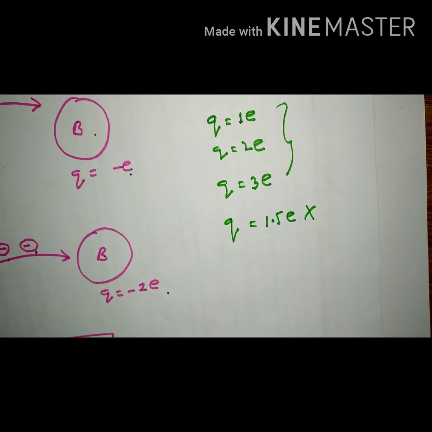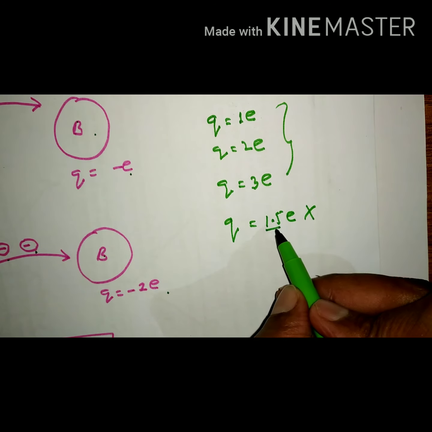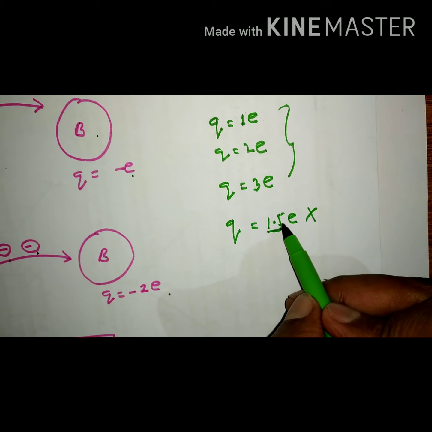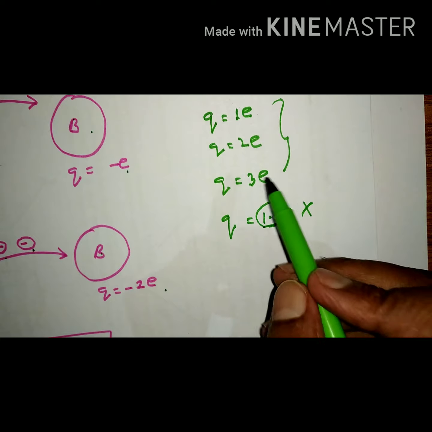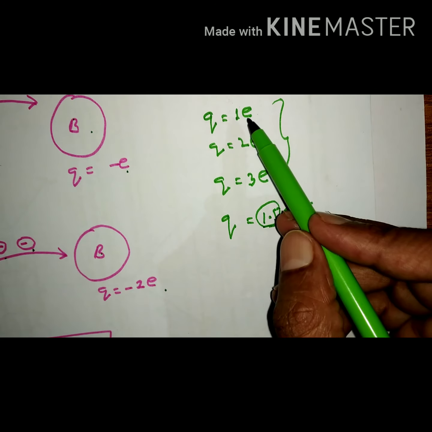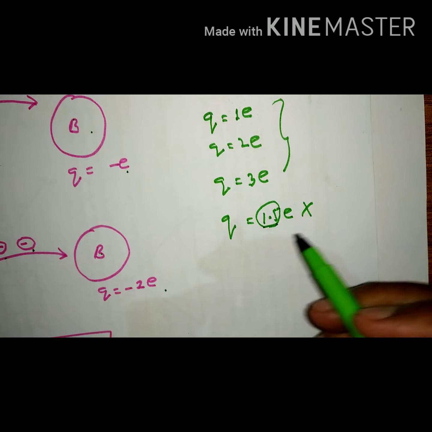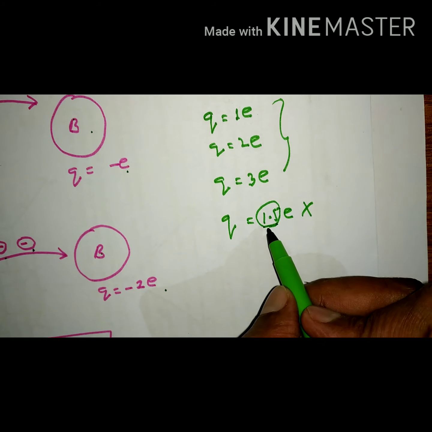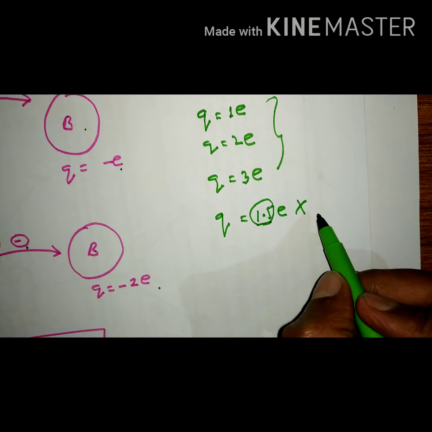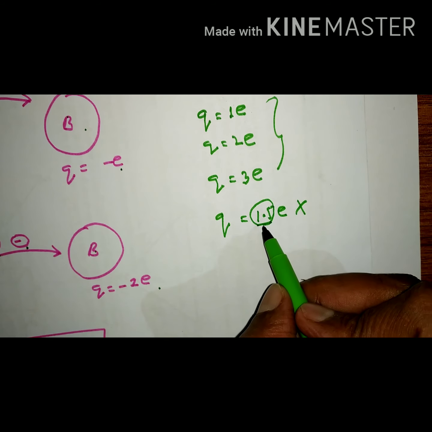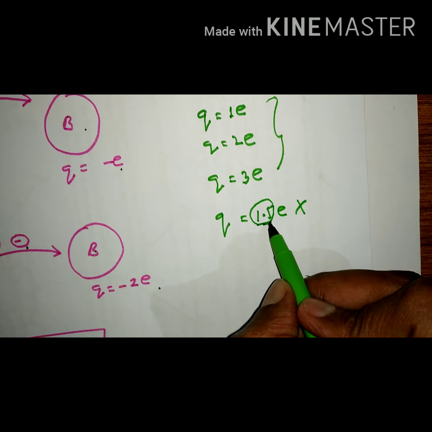This is not possible, because 1.5 would be the number of electrons, and the number can never be a fraction. The number of electrons will always be an integer. So if somewhere it is shown that Q equals 1.5e, this is not possible, because n can never be a fraction.